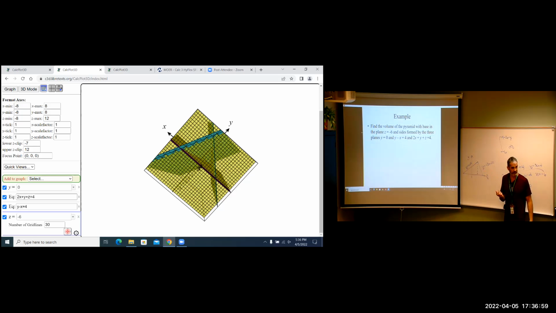Let's do x next because we have a definite left and a definite right. So all we've got to do is solve each of these for x. This one here becomes x equals y minus 4. This one here, we've got to do a little bit more work. If we solve that, we're going to have x equals -1/2 y plus 5. All I'm doing is solving for the other variable, nothing crazy, just finding the inverse.